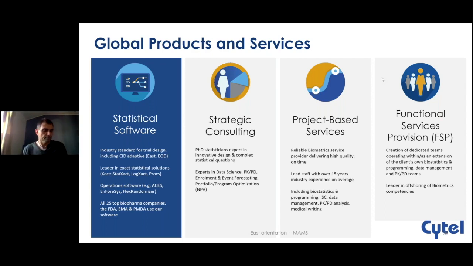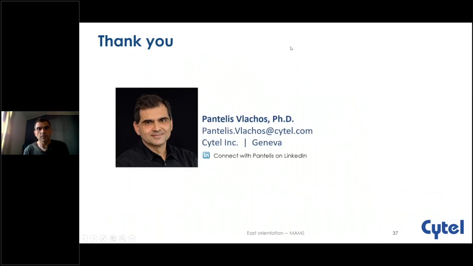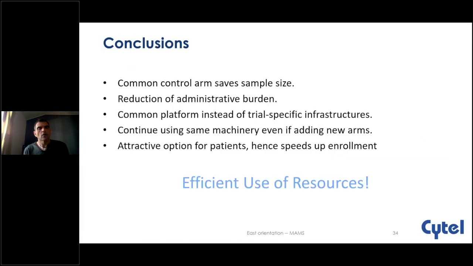And we have one last question here. Can you comment on increases in efficiency of the MAMS design in real-life study situations? As I said, there are different ways to quantify efficiency, and this is something I tried to show on the very last slide.